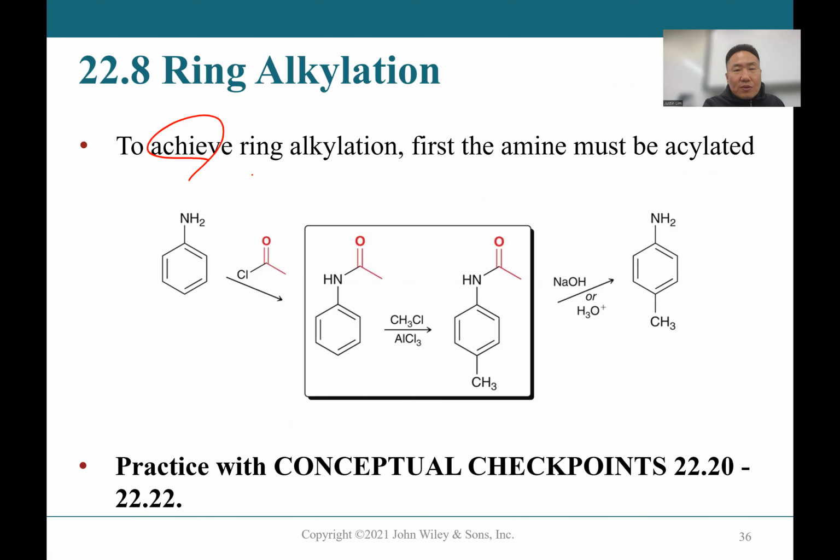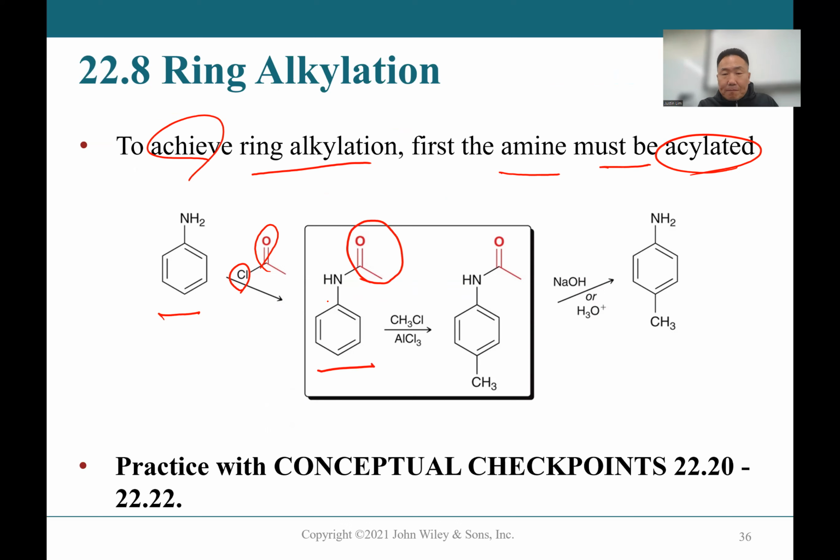To achieve ring alkylation, the amine must first be acylated. Aniline reacts with acyl chloride to generate a product. This is the protected amine. And then alkylation and hydrolysis, you can get the para-alkylated product.